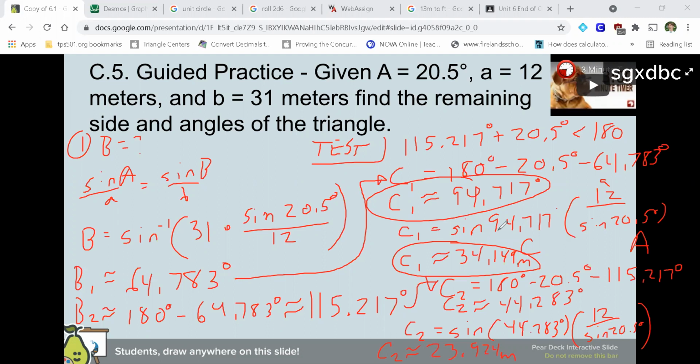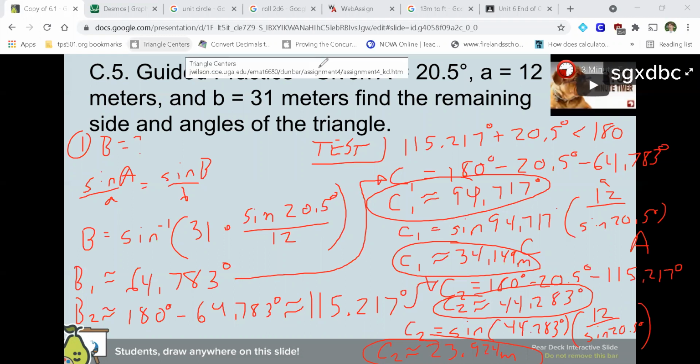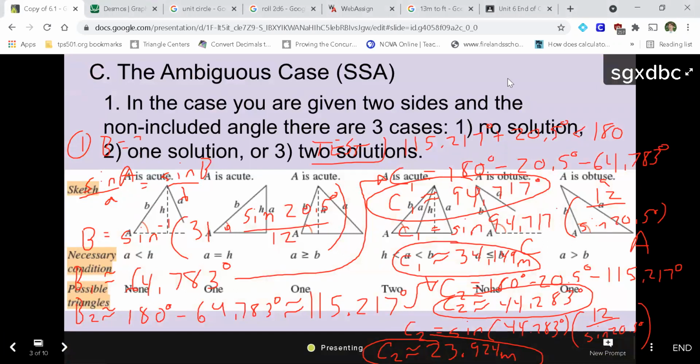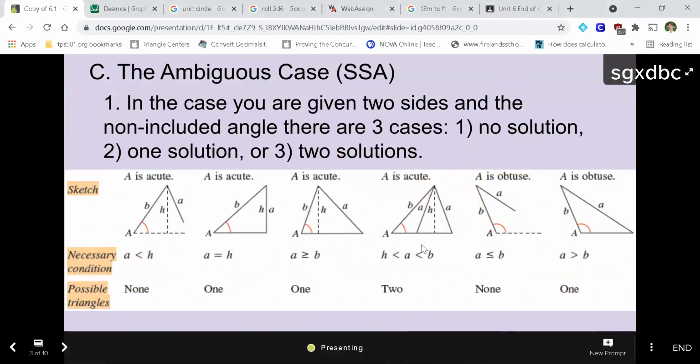So basically, how you choose to lay out angle or side A will determine whether or not angle B is bigger or angle C is bigger. Right, if you look at our example, this is the example where A is between H and B. So if we lay out A here, it makes angle C bigger.